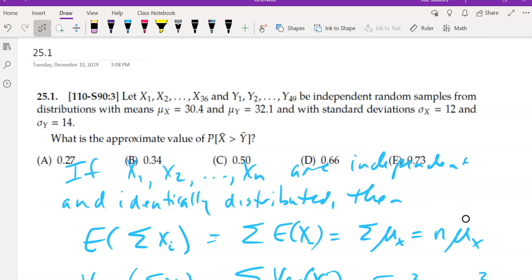So that means that if I'm doing something with the sum of the x's, the sums of the y's, or the means, I can use approximately normal techniques. So my n's are big enough. They're independent random samples, which is also good. I need independence. They tell me the mean for the x's and the mean for the y's, and the standard deviations for the x's and the standard deviations for the y's.